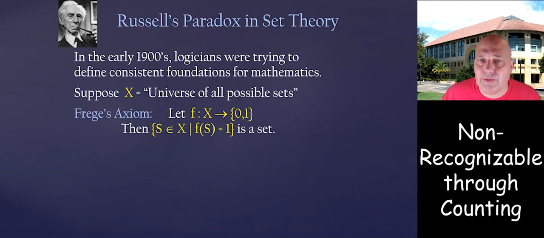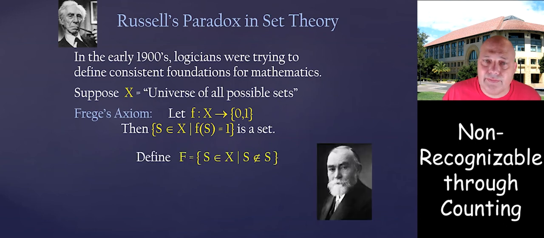So for every property and over every universe, which we can think about as a function F from the universe to 0, 1, a Boolean function, we can define a set, which is all the elements in X that satisfy this property. So this means that we can define this set S in X such that F of S is 1. Properties, predicates, give you a way to define sets.